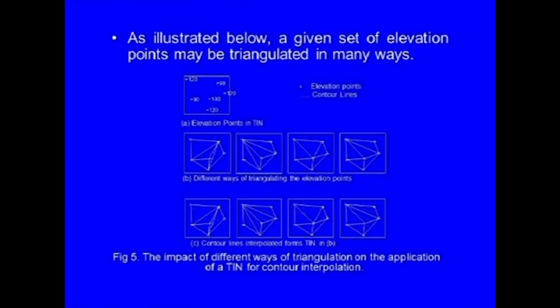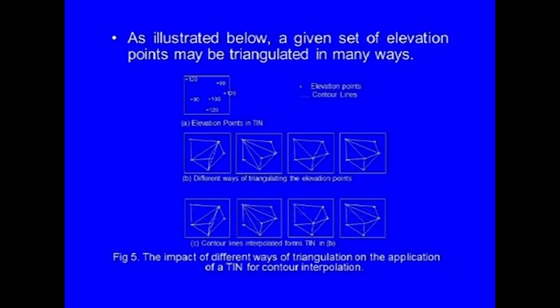As illustrated below, a given set of elevation points may be triangulated in many ways. So, in figure A, we find there are 6 points with elevations ranging between 90 and 120 meters. Now, we can have different ways of triangulating the elevation points.